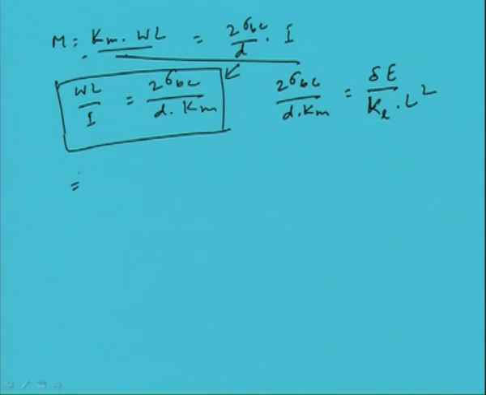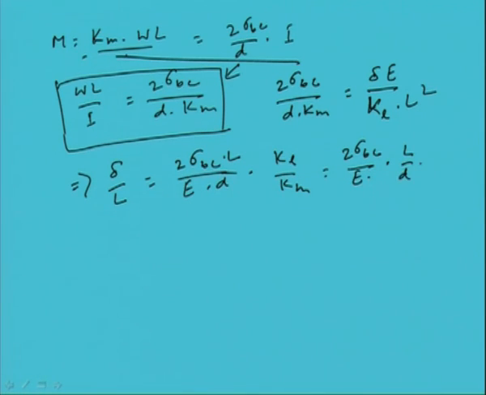So, from here I can find out delta by L. Delta by L will become 2 sigma BC by E into L by D into KL by Km.